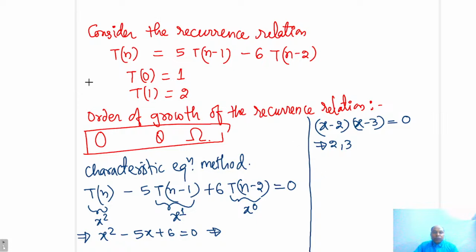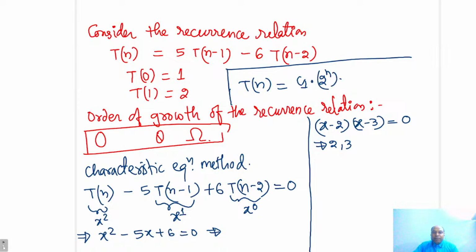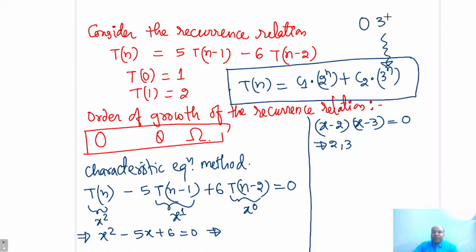The solution for this particular question is T(n) equals C1 into 2 to the power n plus C2 into 3 to the power n. With respect to this, if the higher order term is required, that will be order of 3 to the power n. If the lower order term is required, then that will be theta of 2 to the power n.